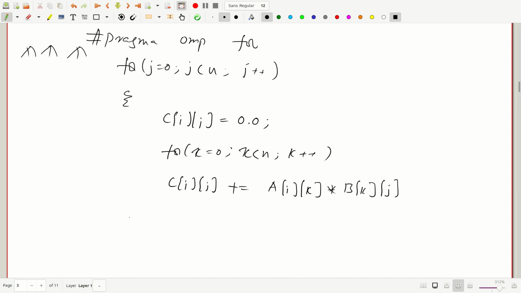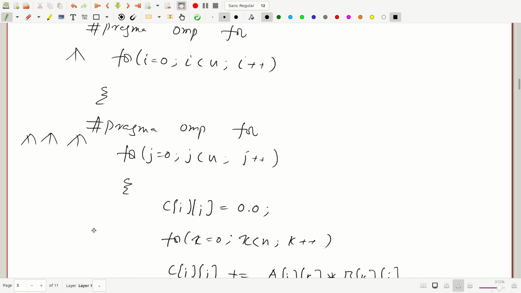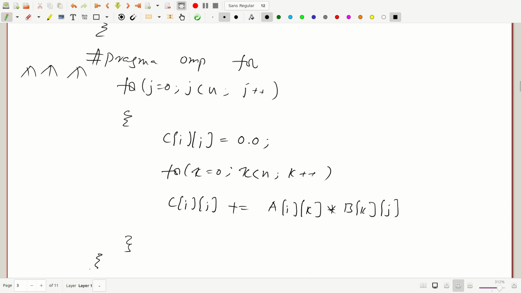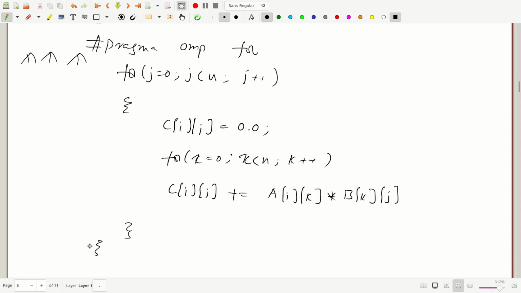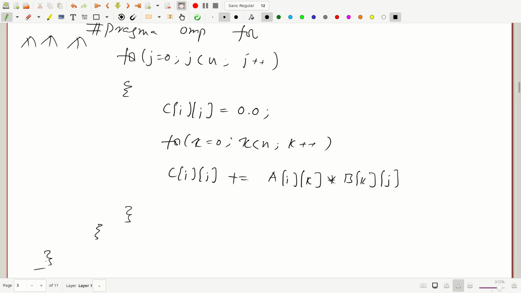That is sufficient. So we close the for loop for j, we close the for loop for i, then we close the outermost pragma. That way we can parallelize both the for loops for matrix multiplication.